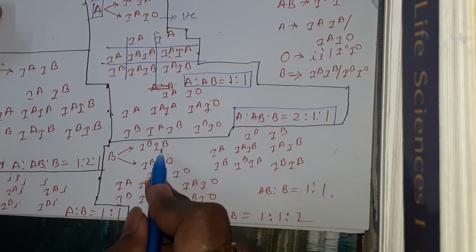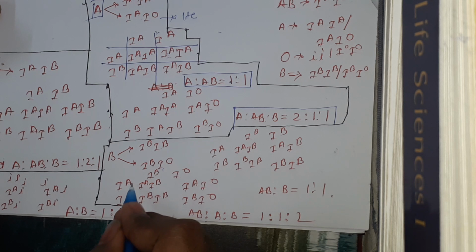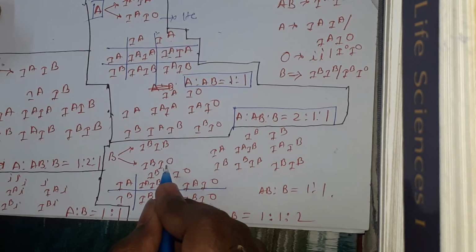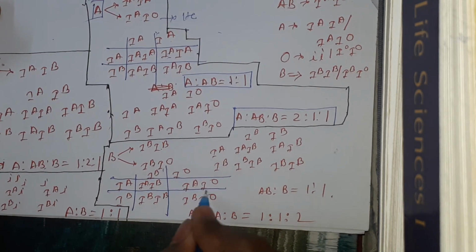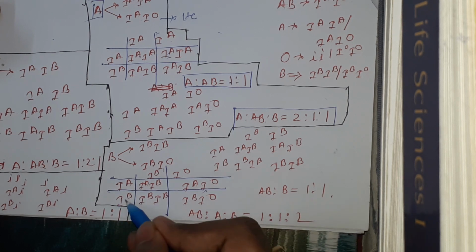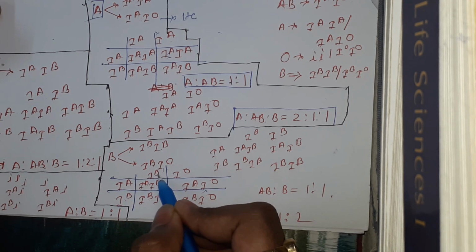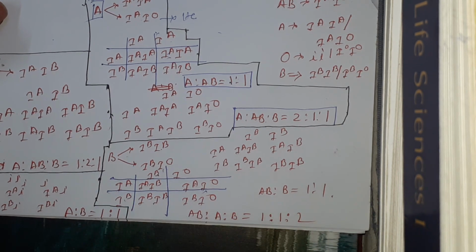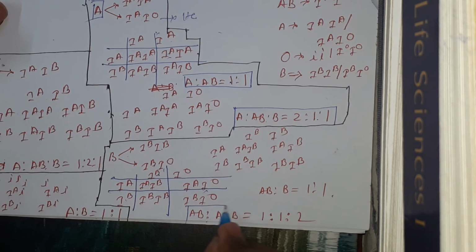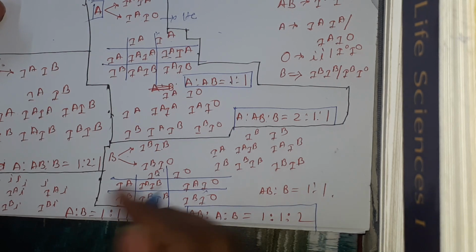In case of B, the possible genotypes will be these two, and by applying the Punnett square, these will be our results. Here we are considering the heterozygous state of the B blood group, and we have AB, A and B, all three types of blood group in that ratio.